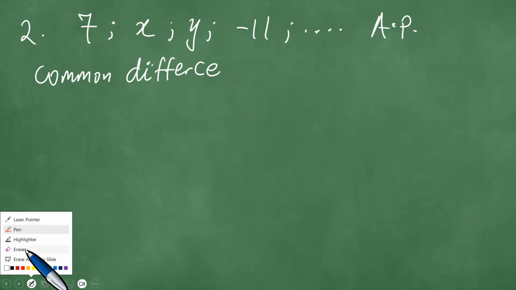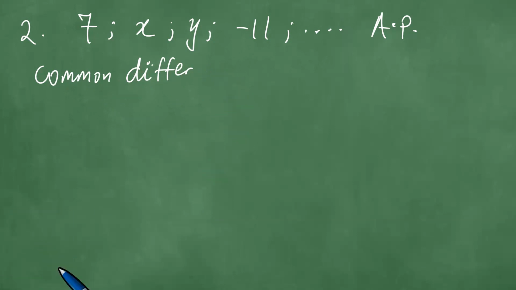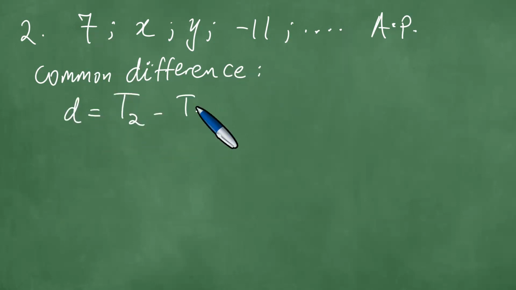It's not many things like about sequences and series. It's just the concept of the common difference. And with that, then what does the common difference say? We know that the common difference is the second term minus the first term, which equals the third term minus the second term.